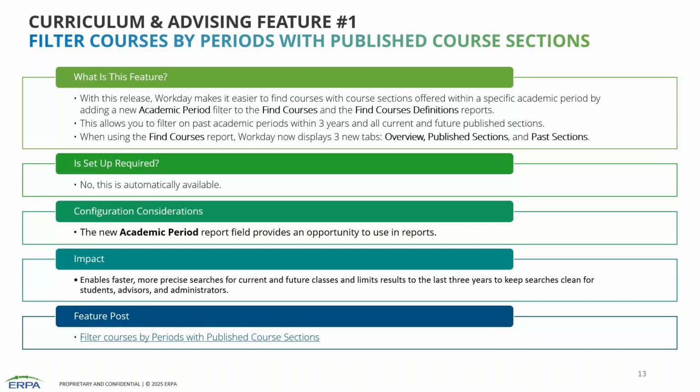This feature is automatically available and provides a new academic period filter, which also allows the filter to be used to write custom reports on the course and course definition business object. So let's dive in and do a quick demo so you can see this feature.